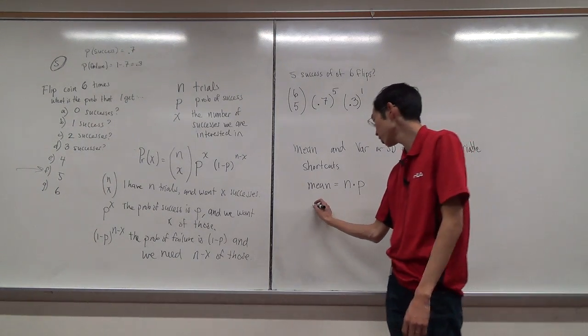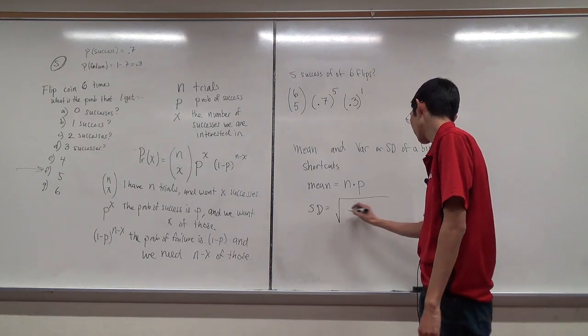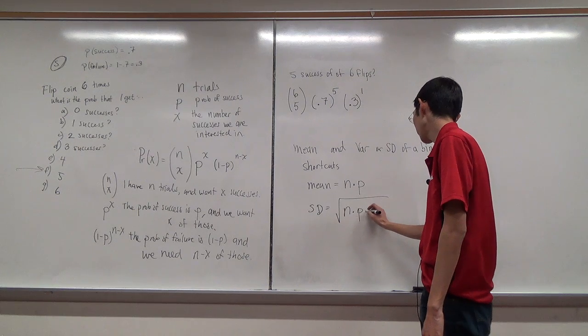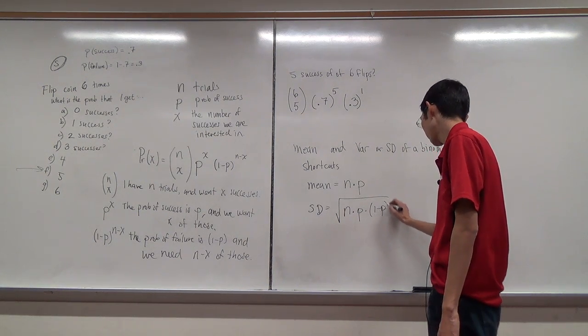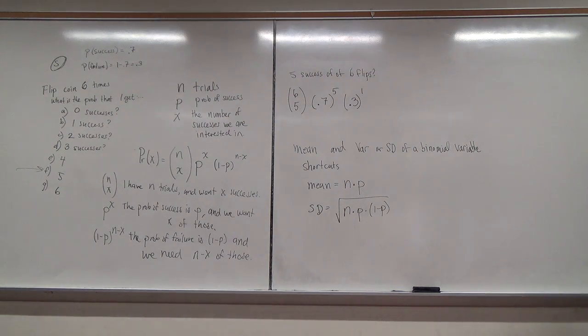The standard deviation is equal to the square root of n times p times 1 minus p. Variance would be the square of that.